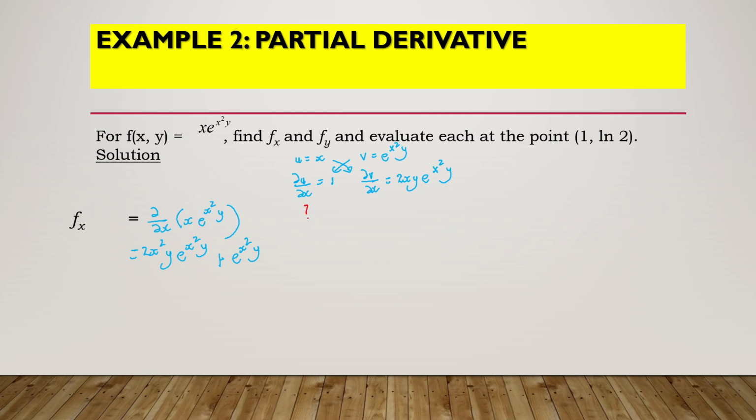Okay, and then if you want fy, we also evaluate at the point. So fx at the point where x is 1, y is ln 2.